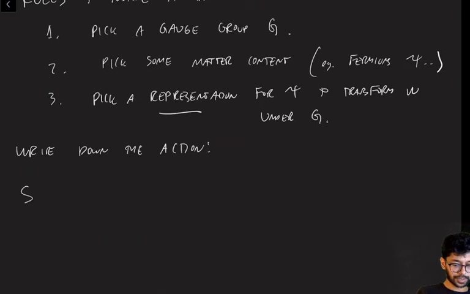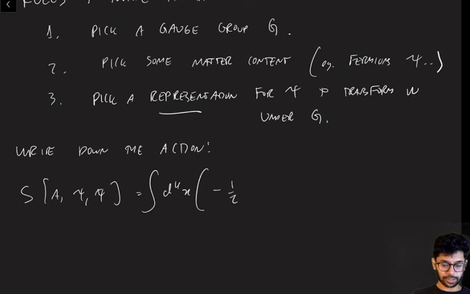So what is the action? Well, for example, if I have one set of fermions, then the action would be the integral of d^4x. There is a kinetic term for the non-abelian gauge field, trace of F squared.